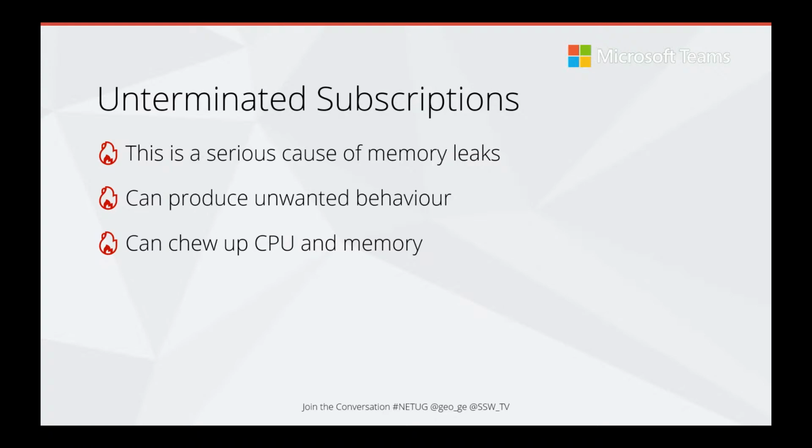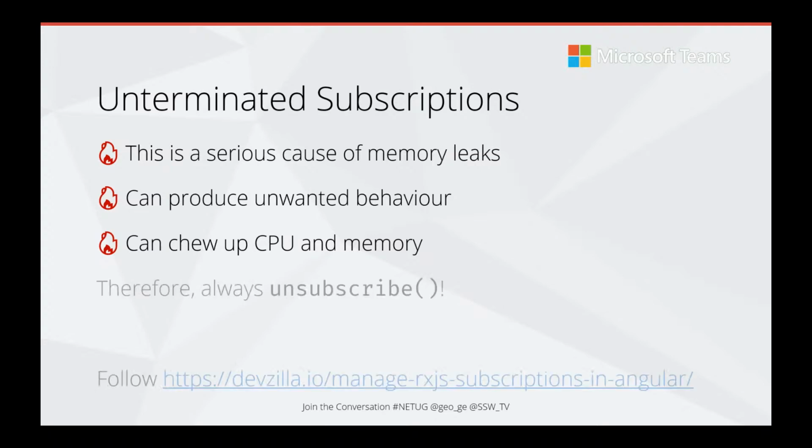Sometimes you won't realize that you have bombarded your own web API with multiple requests because you're doing something wrong. And it could chew up memory and CPU, which, why would you? Imagine your web application asking for 5 gigs of RAM. That just doesn't make sense. So how to fix that? That one is actually the easiest one. Always unsubscribe. To know more about that, you can read my blog at devzilla.io.